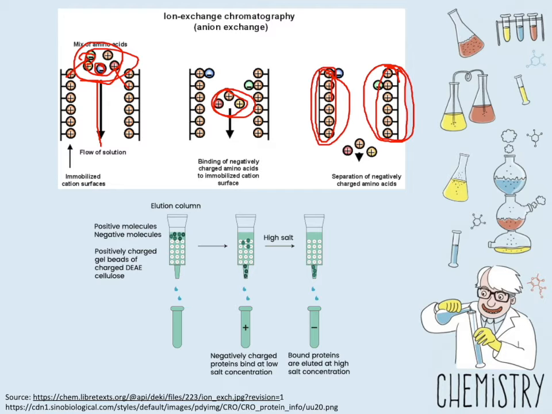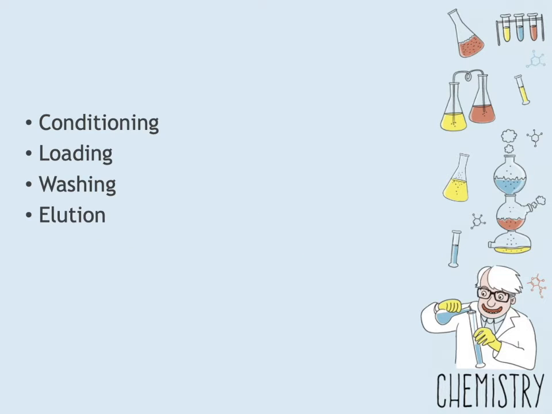The process of this chromatography can be represented in four steps. These are the four steps. The first step is the equilibration of the stationary phase to the desired start conditions.